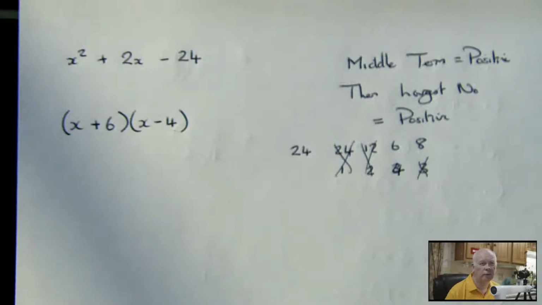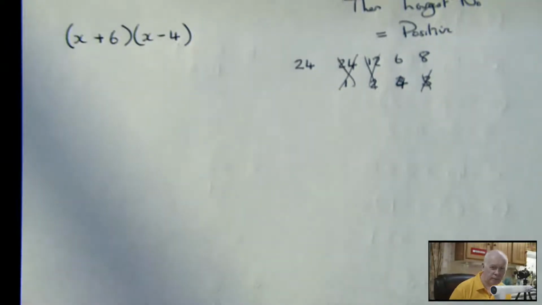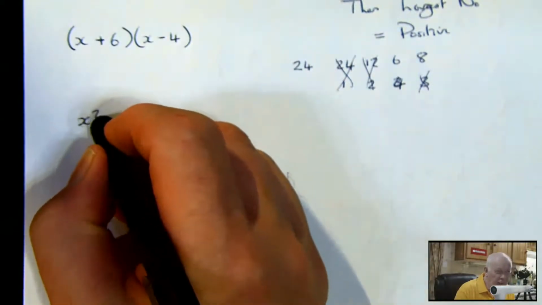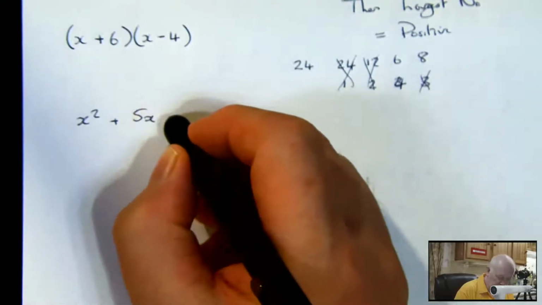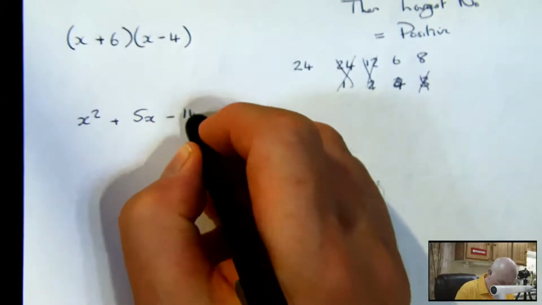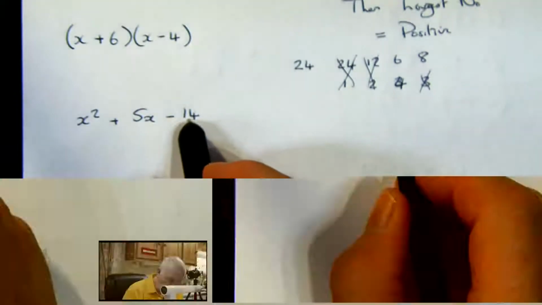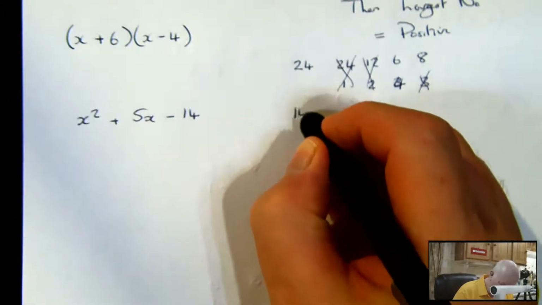Let's try generating a different type of one, so very similar. So I've got x squared plus 5x minus 14. Looking at this one, we've got our 14 as our factor.